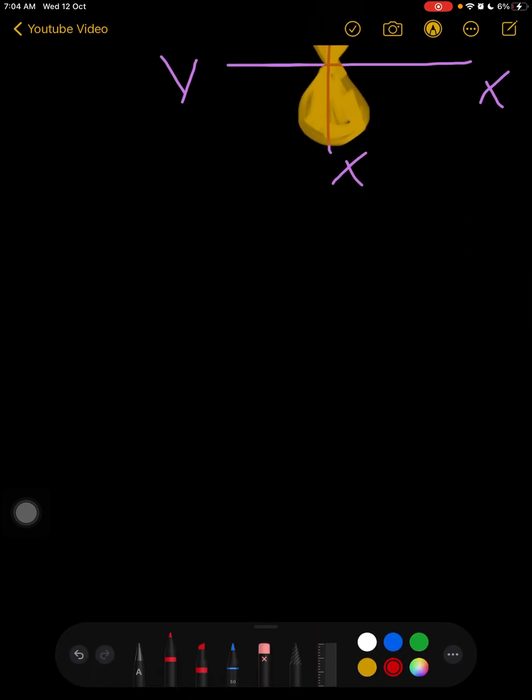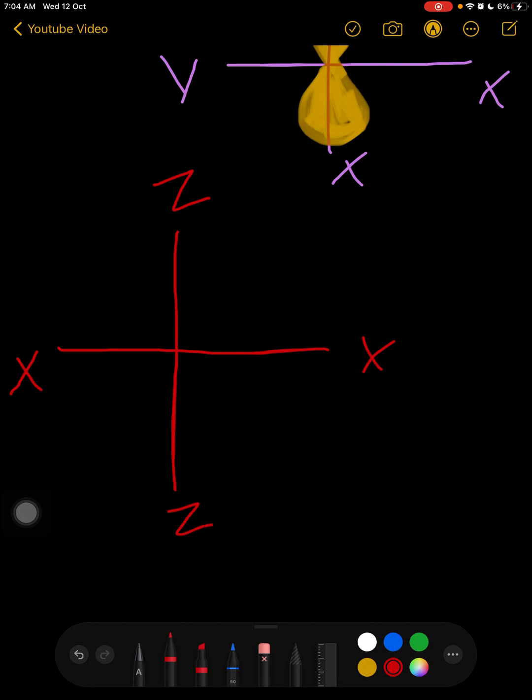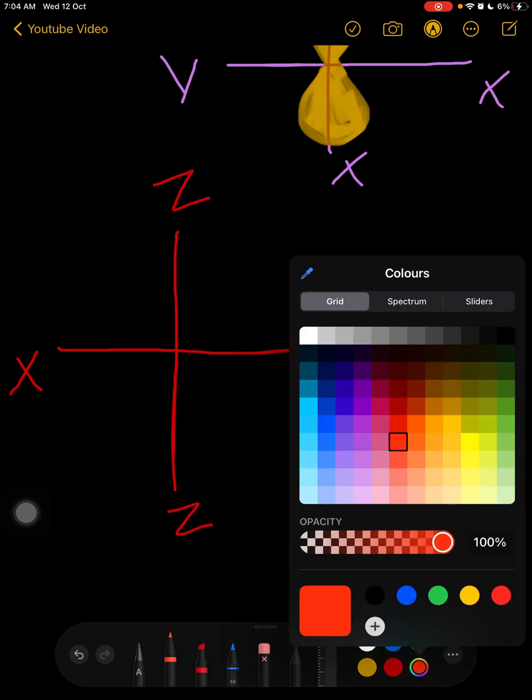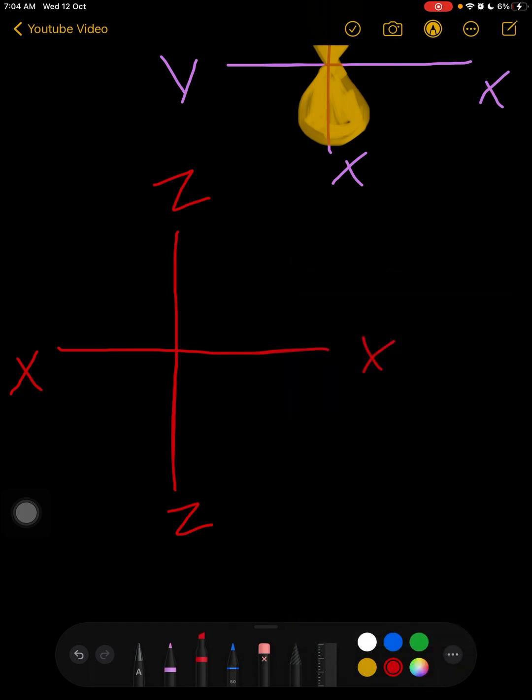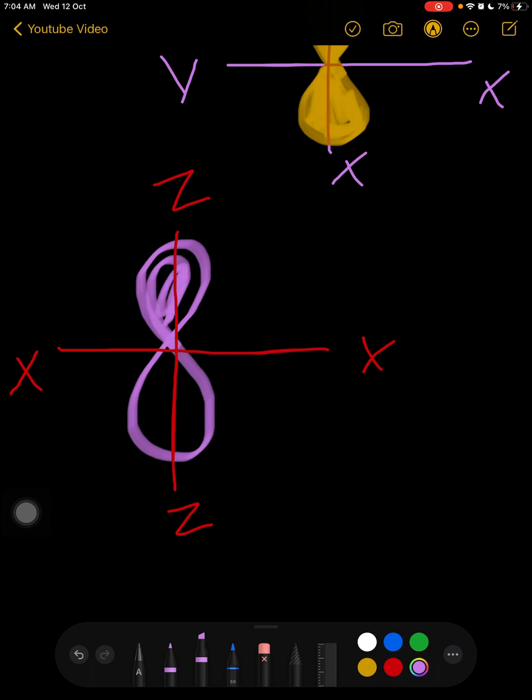Now let us discuss the other axis, right? Obviously I can't make a three-dimensional figure over here, so I am considering this as x and this as z. This axis is z, because I can't create a three-dimensional figure here. Right? So let's make pz.